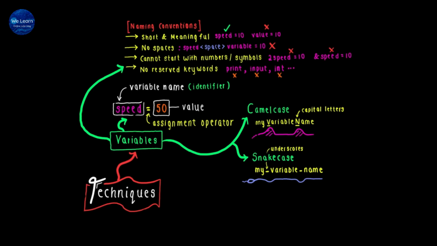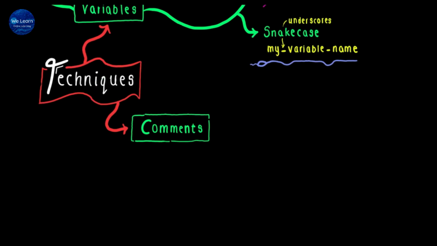The next thing I'd like to talk about are comments. If you look at this example, you have a bit of code, print hello, print 8 plus 2, and so on. I've written the line numbers of each line on the left side. As you can see, this is just a normal program that executes instructions.